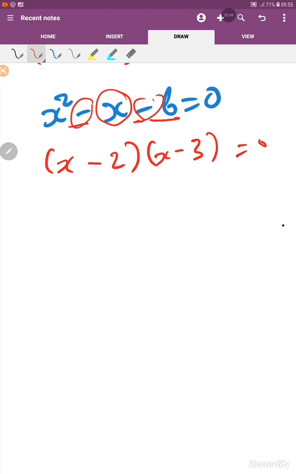So the number that you multiply gives you 6, but when you add must give you 1. So check on the equation that 3, if you put negative on 3, then you put positive on 2, then when you add negative 3 plus 2, does it give you negative 1? Therefore it gives you negative 1. Therefore you know that you must put the positive on 2, on the lowest value, because we want negative there.